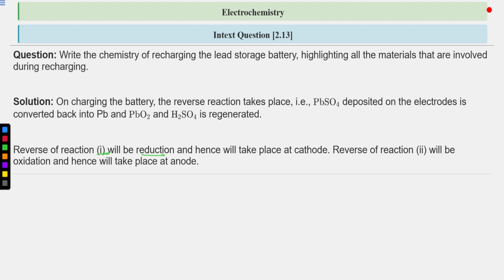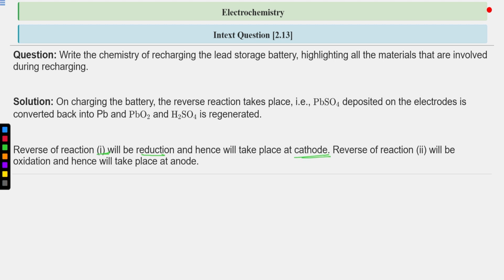That means whatever the reaction which is happening at the anode, that will reverse, and that will be the reduction process, because the electron will shift its direction, right? If at the anode the oxidation process was happening, that means the releasing of electrons was happening. But if you reverse that, that will become a reduction process, because the addition of electrons will happen in that case. So the reverse of the reaction first will be reduction, and hence that will take place at the cathode.